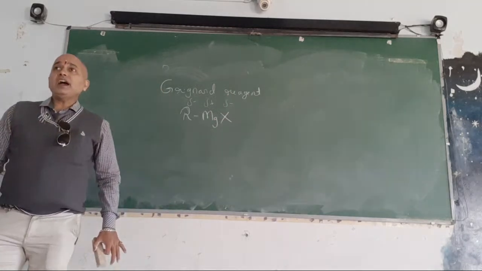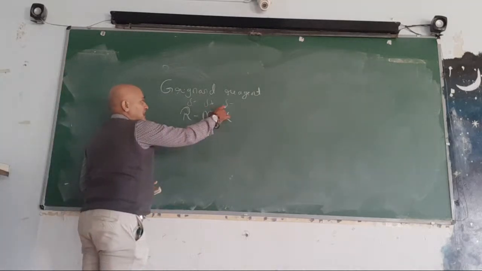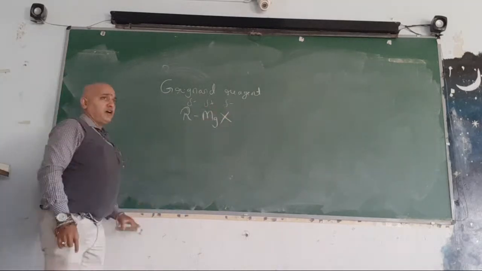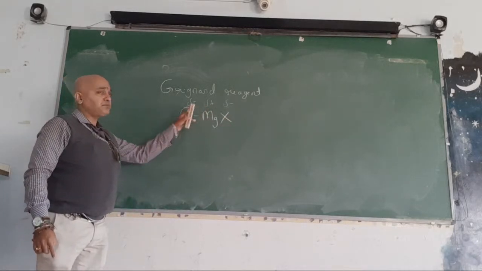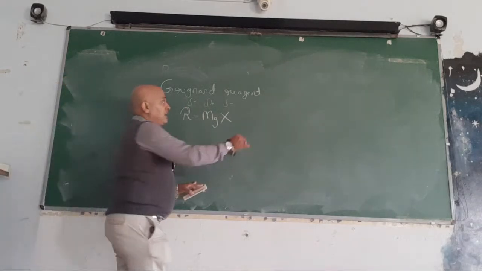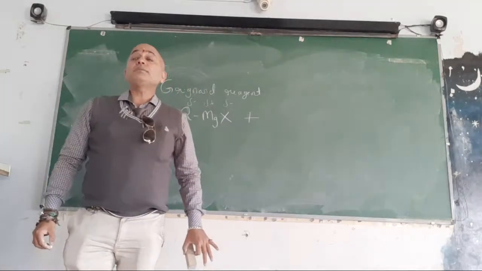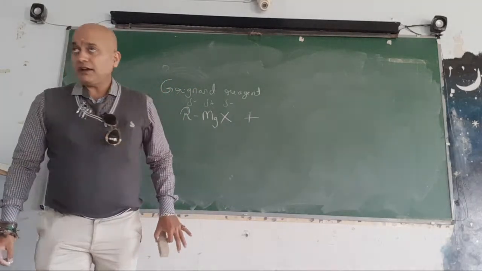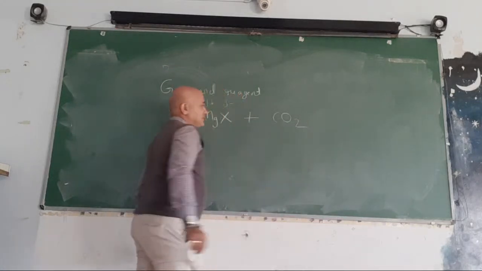Especially it will be in ionic form, with a positive part and a negative part. Now this Grignard reagent we are going to treat with carbon dioxide.